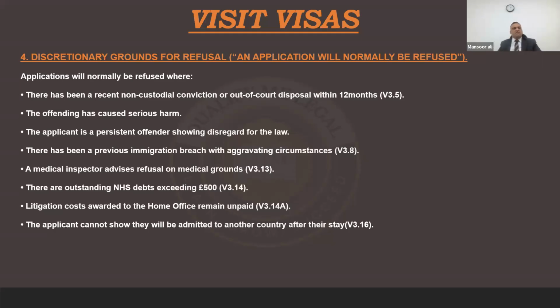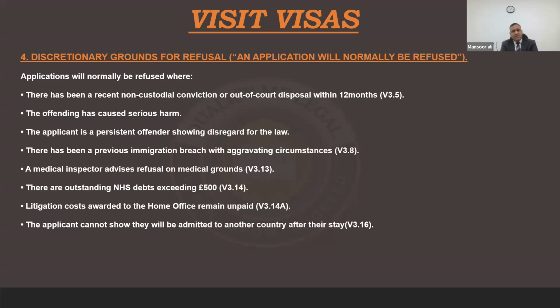And then there was an outstanding NHS debt. Nowadays, there are a number of refusals coming across, because people normally come to the UK and use NHS services in case of emergencies. For instance, if A was in the UK and he had a heart problem or any emergency situation, he was not entitled to use the NHS, and if A has used the NHS, then obviously he's responsible to pay.